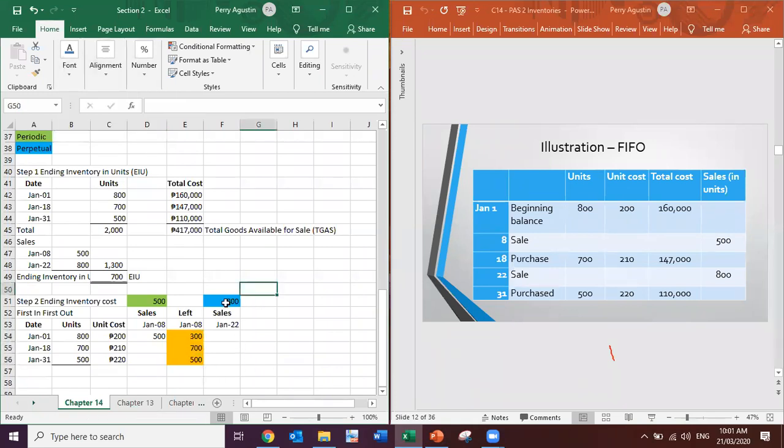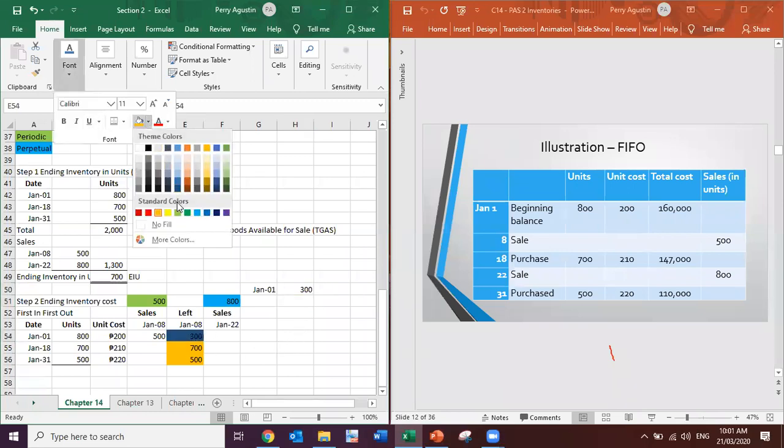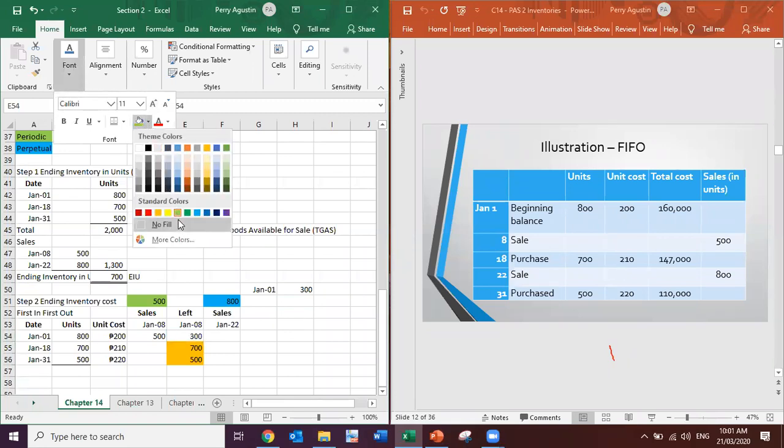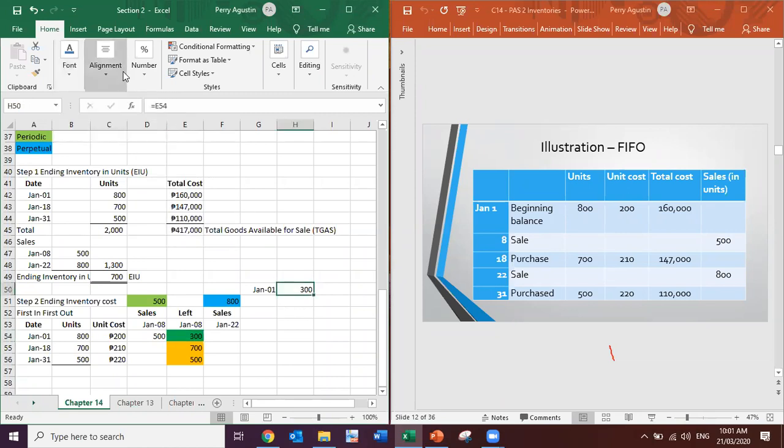So ibig sabihin, our sale of 800 here will be first applied on January 1 inventory. So how many inventory is left? The inventory left there is 300. Do you get me? All right. So the first inventory that will be applied is 300. Okay? Nasusundan niyo ako?